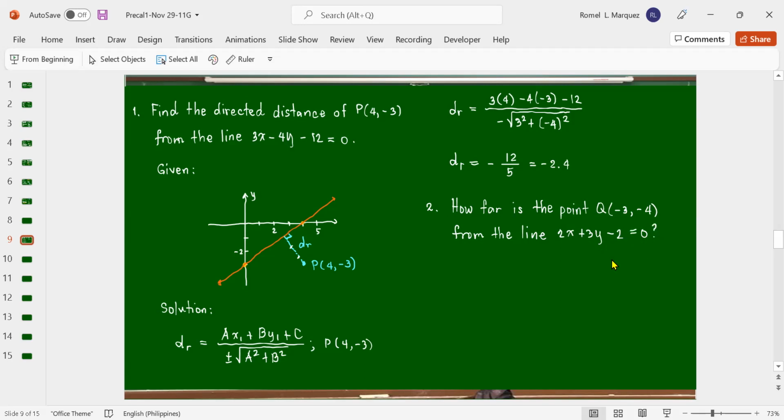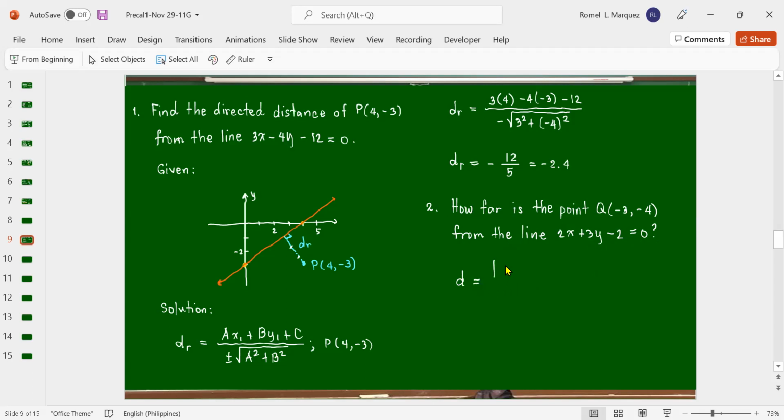So we're not going to draw anymore. And we are expecting a positive answer because the question is how far. We are not after the directed distance. Am I correct, children? What is the distance?